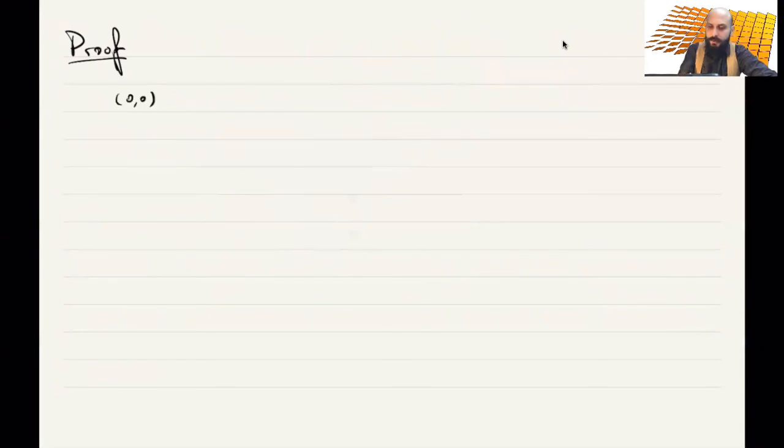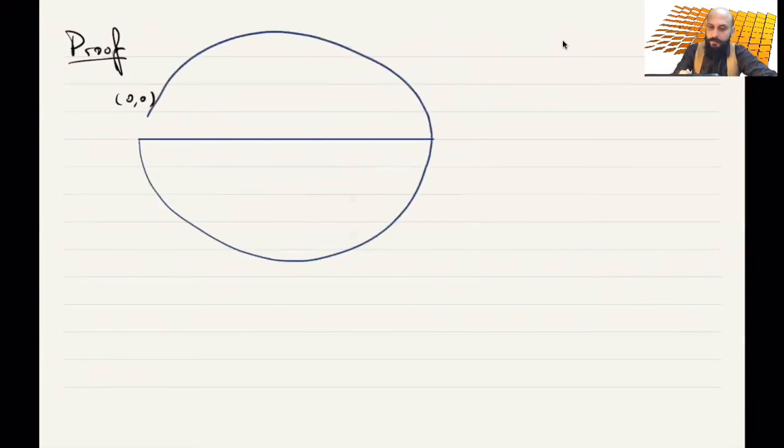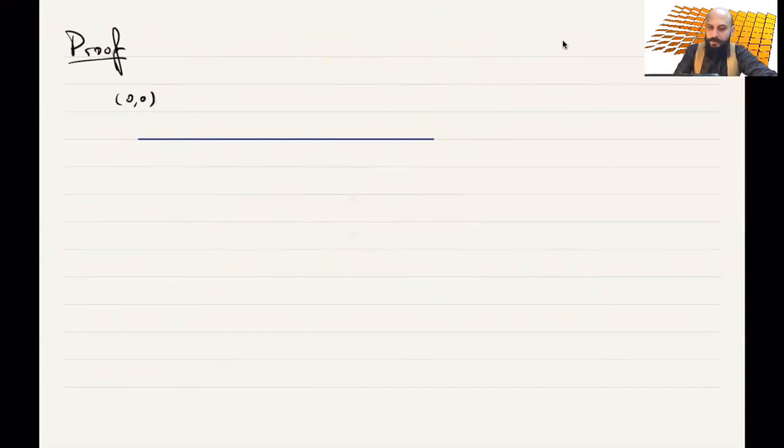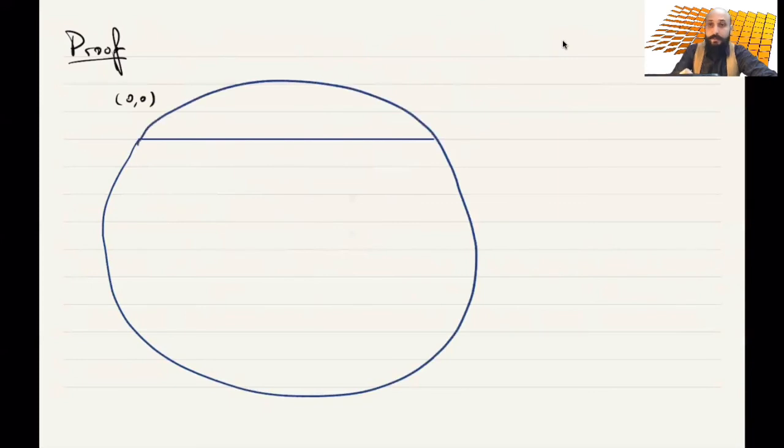So we consider the segment. Let's say that we have... I don't want to make it symmetric necessarily. Okay, so this is the circle.